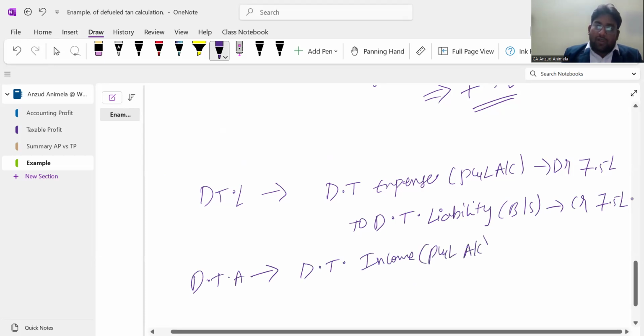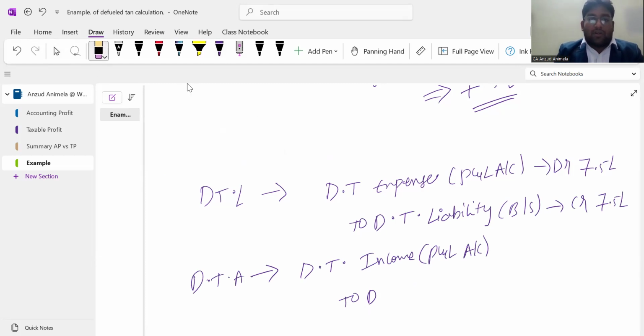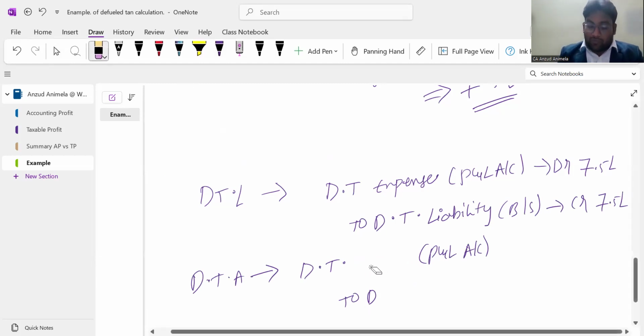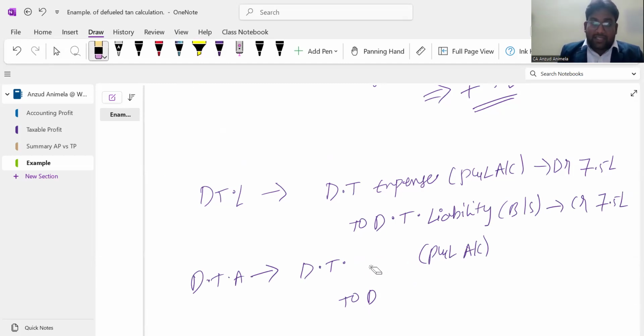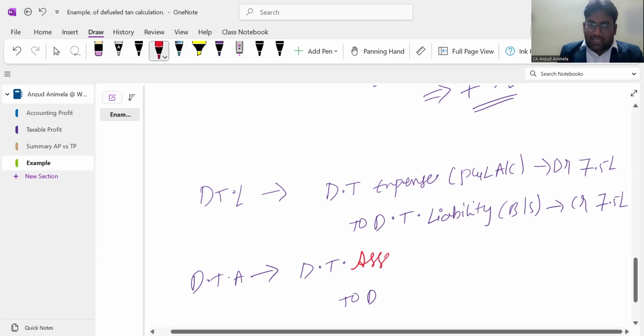The entry for the deferred tax asset would be deferred tax asset in balance sheet to deferred tax income in P&L.